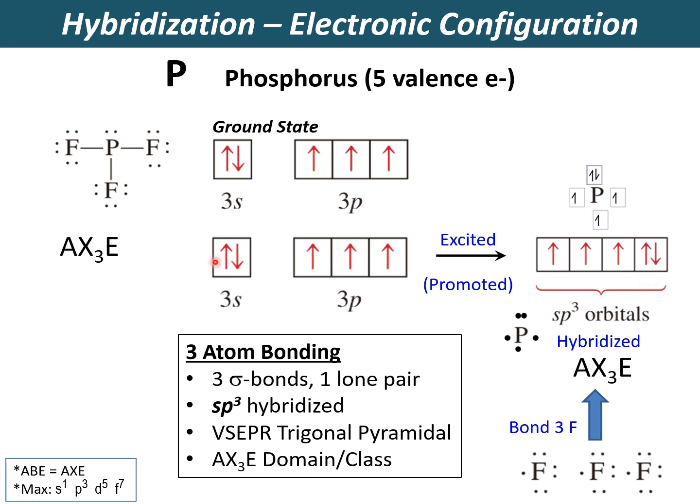Okay, so we promote these. We take this electron, we promote it to here. You could put it in the first one or the second one. It tends not to really matter when you're doing this on paper. The electrons know exactly where they go. But when it's excited and promoted, we get this look, and this is what we see if we draw out the preferred, or at least the way I prefer to draw a Lewis dot structure.